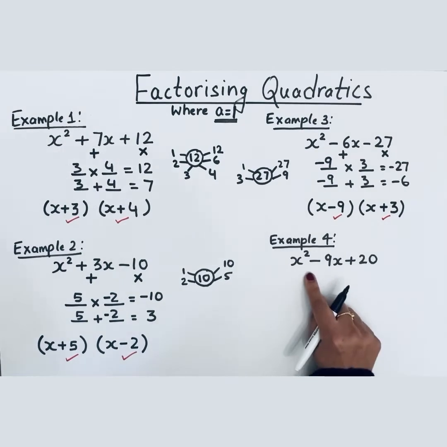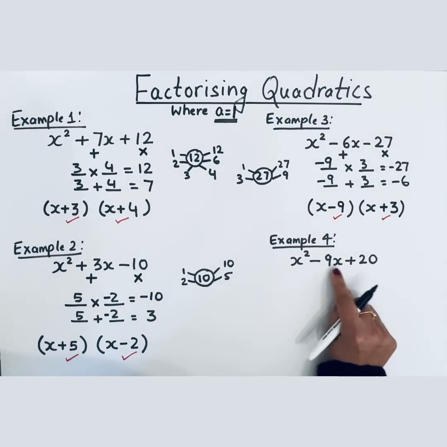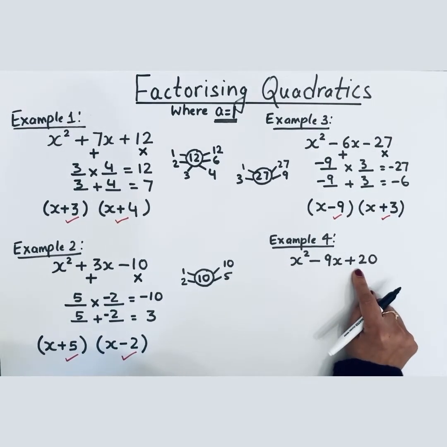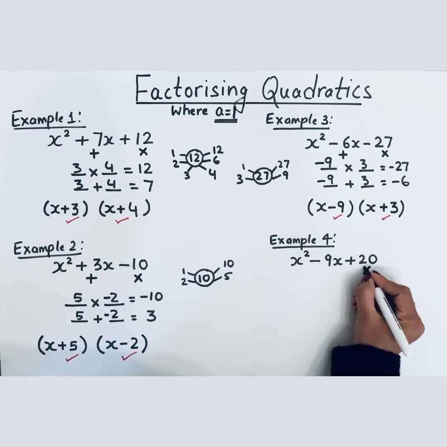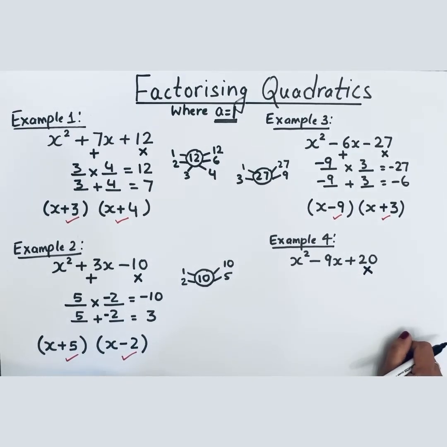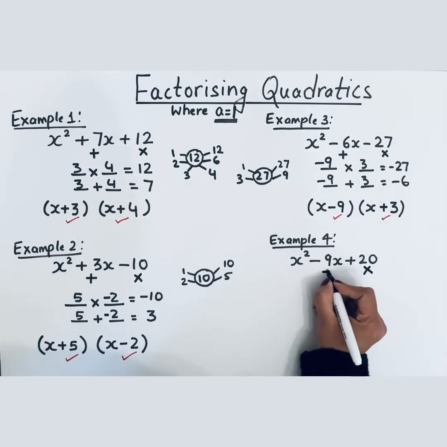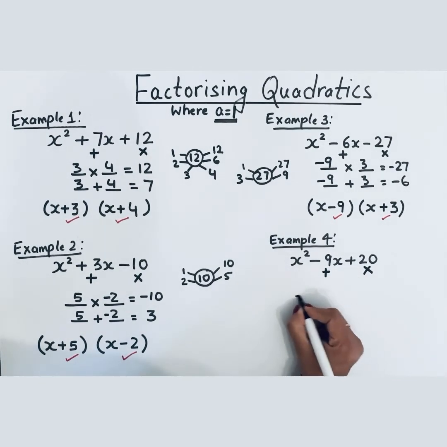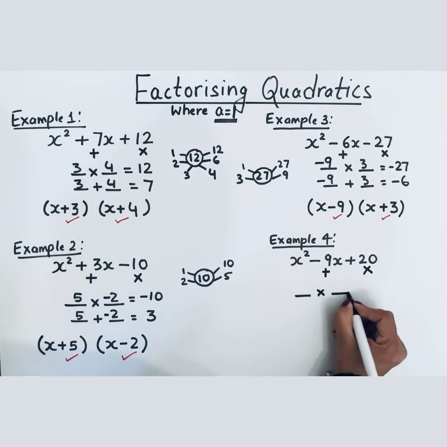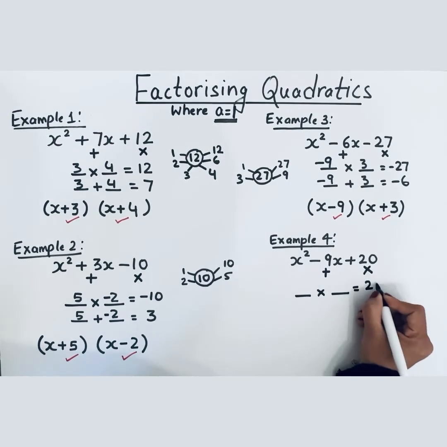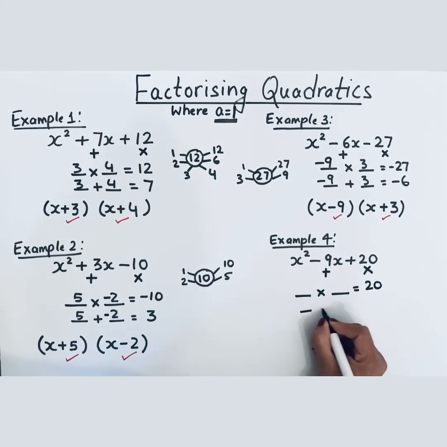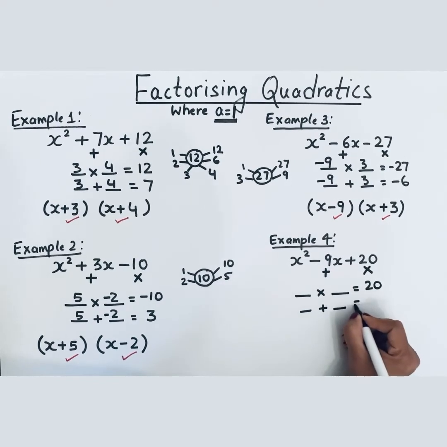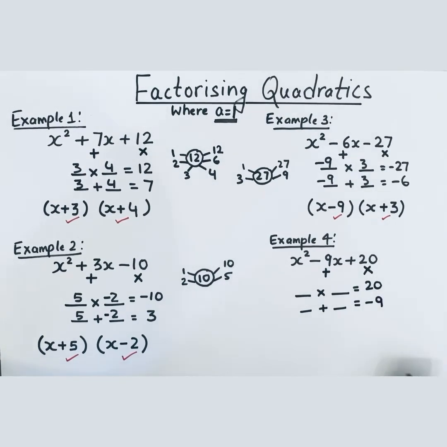Let's have a look at our final example. X squared minus 9x plus 20. Let's write down times under the constant and plus under the coefficient of x. So we are looking at two numbers that times to give 20 and add to give negative 9.